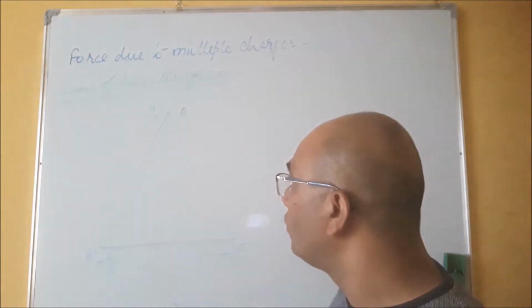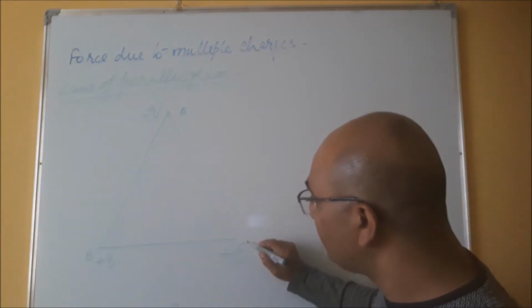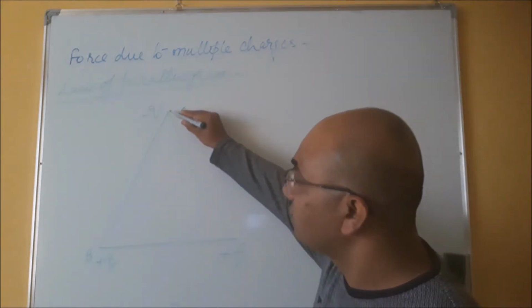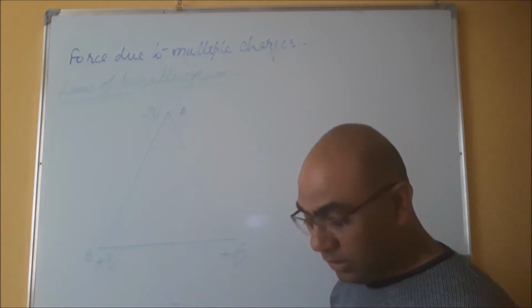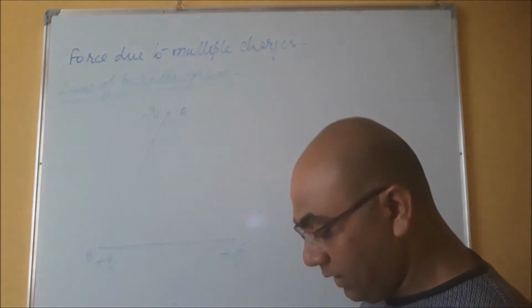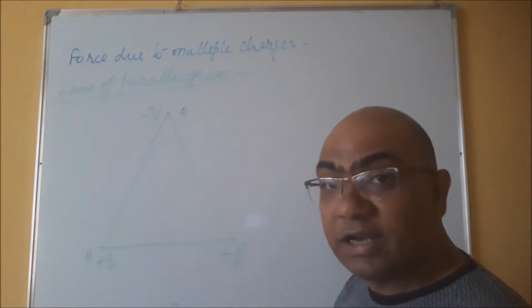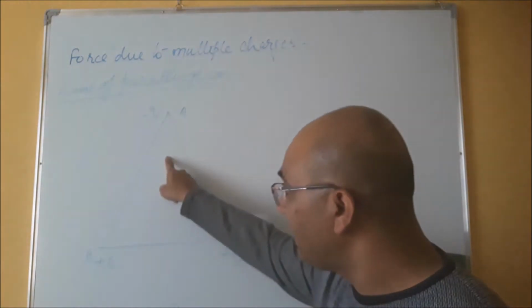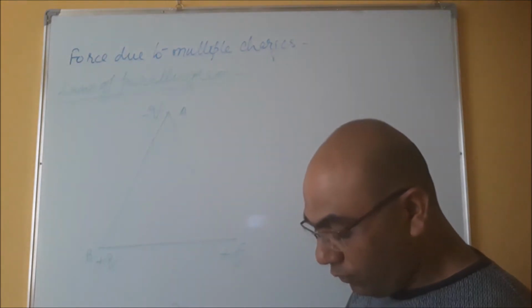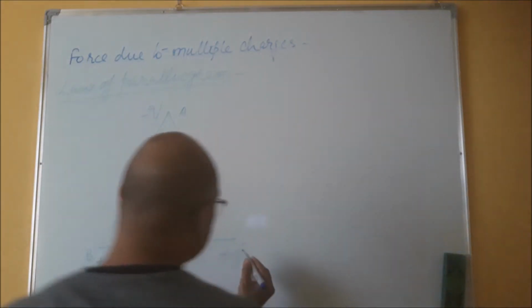Now I want to know what would be the value of the force on these vertices. Right? So you see, if I do it this way, and I want to know the resultant force on the vertices A, B, C, what will happen at point C?